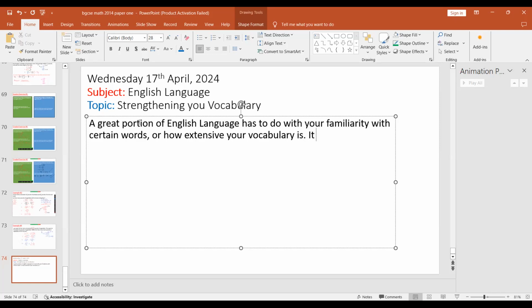It is important to have a wide vocabulary and to continuously strengthen your vocabulary.